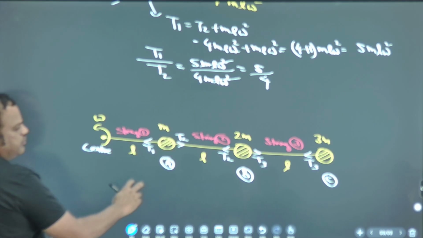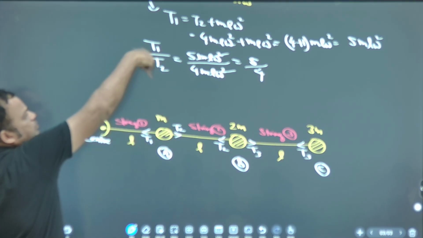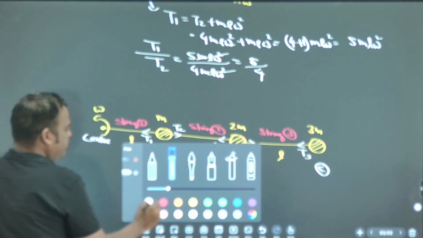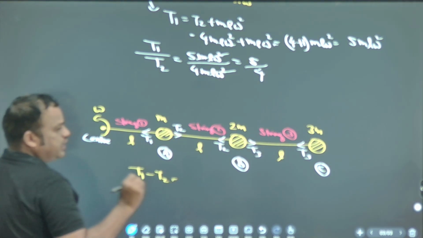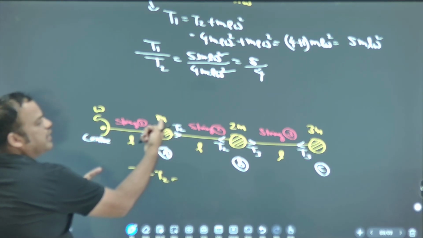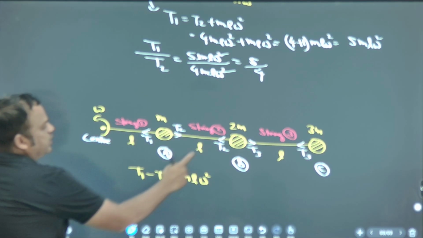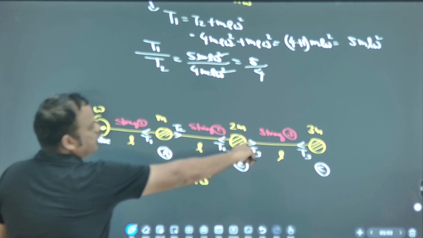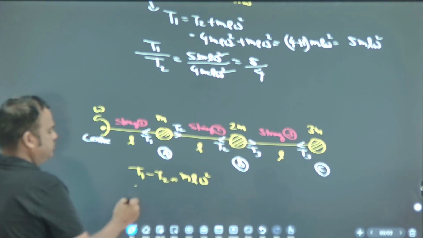So what is the net force on A? It is very easy, just how you solve the previous question. T1 minus T2. Very good. So you will write T1 minus T2 is equal to mR omega square. What is R for this? L. Mass M. So mL omega square. Now what you write for second ball? What is the net force?